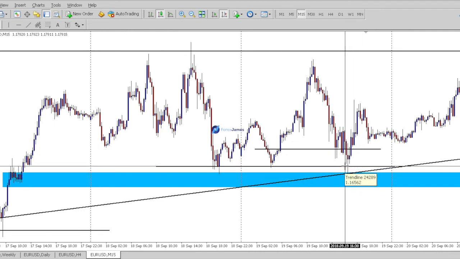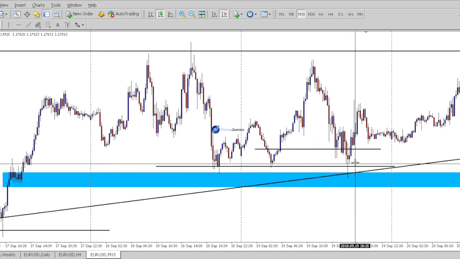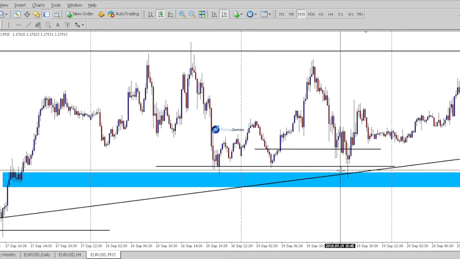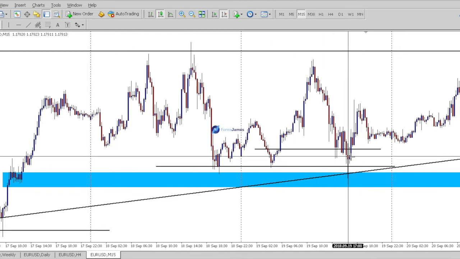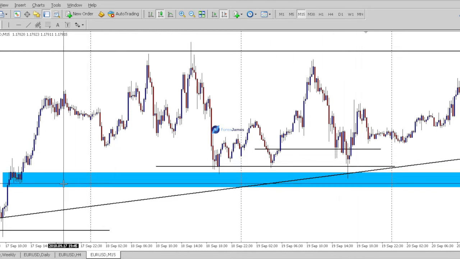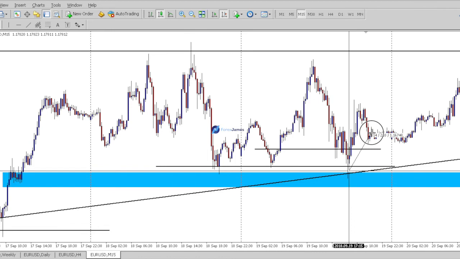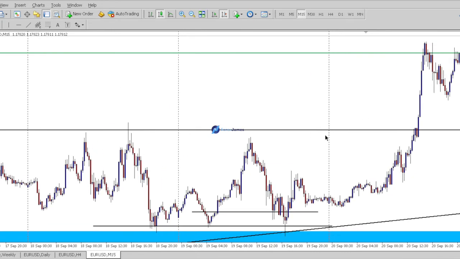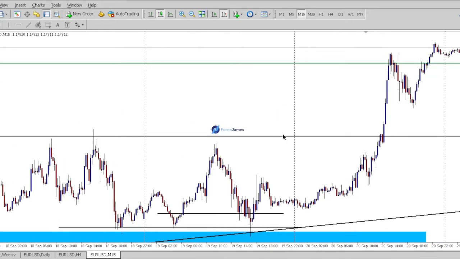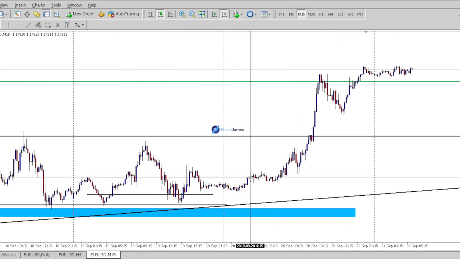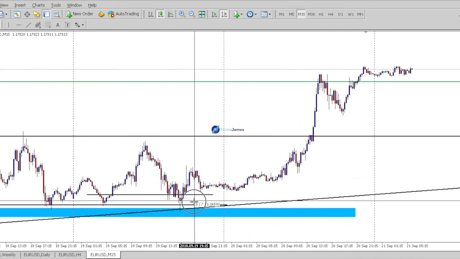And for those breakout traders who are waiting for that confirmation for price to break this line here, they will most likely get short here. But instead, it reached a demand zone and reversed. That's why we have to look at the bigger picture. Anyways, I got long at this candle close.